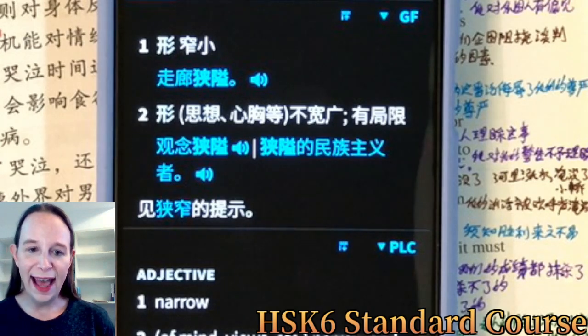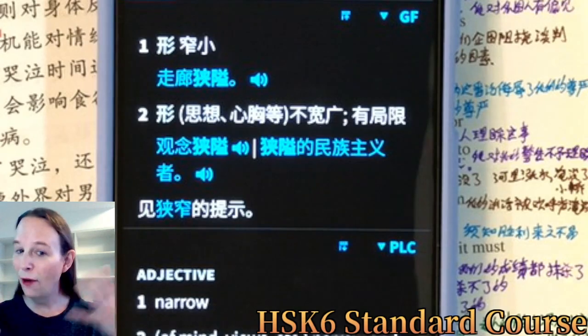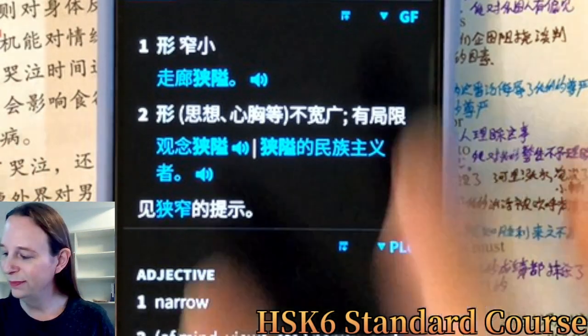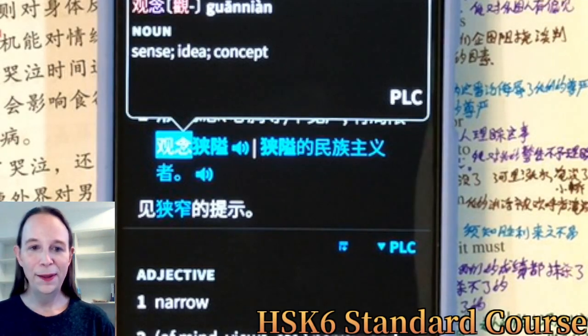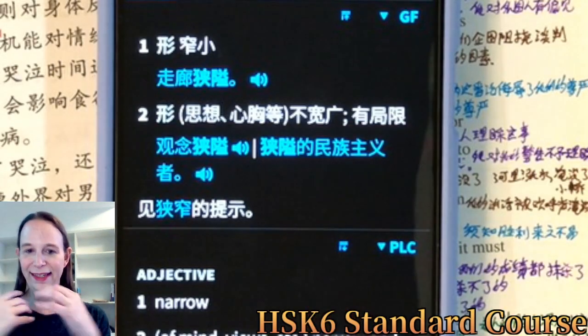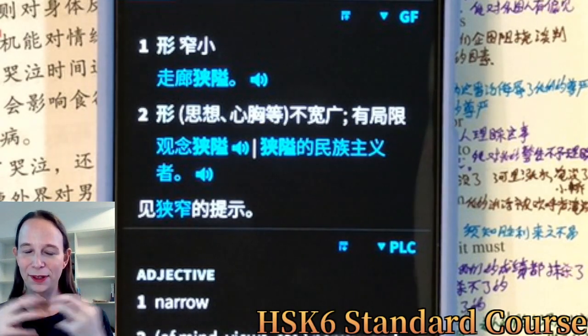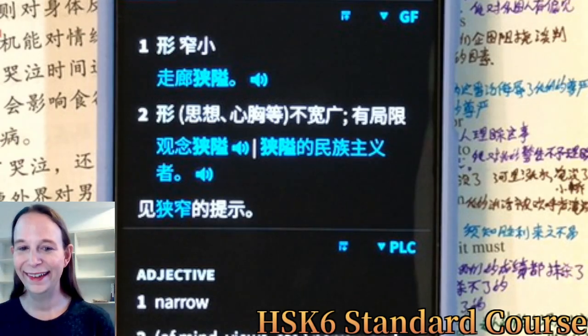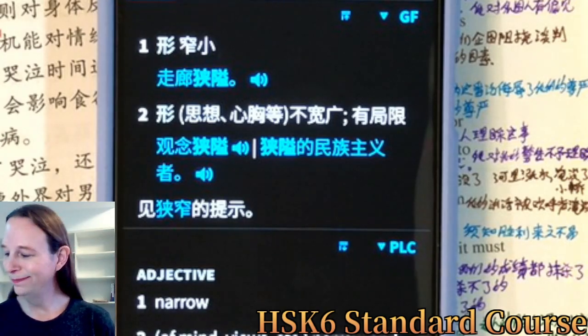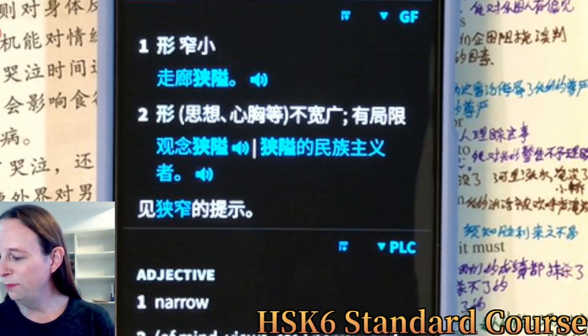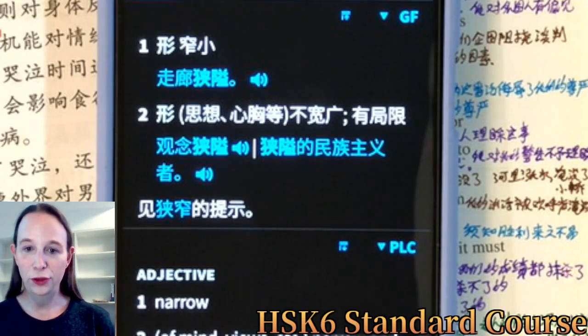观念狭隘. Yeah, so your 观念, your concepts are narrow. Maybe that's not the best translation. It's not concept in the sense of that is a concept. It is your conception of things. Maybe. Okay, 狭隘的民族主义者. What does that mean?